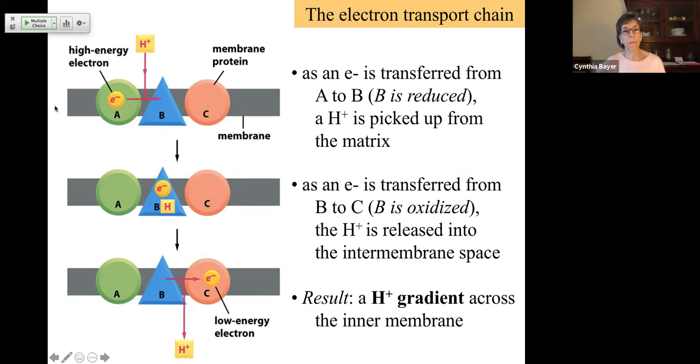So if we put these pieces together, here we have an example. Again, our gray bar is our membrane, our inner mitochondrial membrane. These colored shapes are different respiratory complexes sitting in the membrane, physically next to each other. Up here, we see that the green one is an electron carrier that's holding a high energy electron. If A transfers its electron to B, a proton is picked up from one side of the membrane, the matrix side. B then becomes reduced.